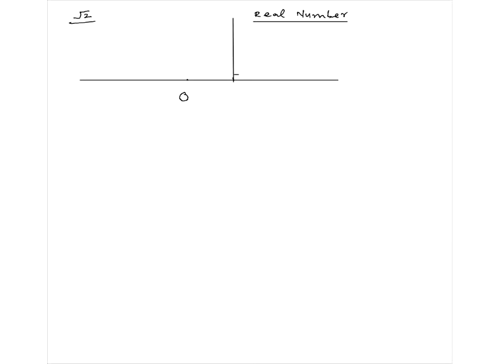Cut the same length here. So this is 1 unit. This is also 1 unit. Join these two. Let the length of it be x. You're not going to measure it, you're just calling it x, using the Pythagoras theorem.